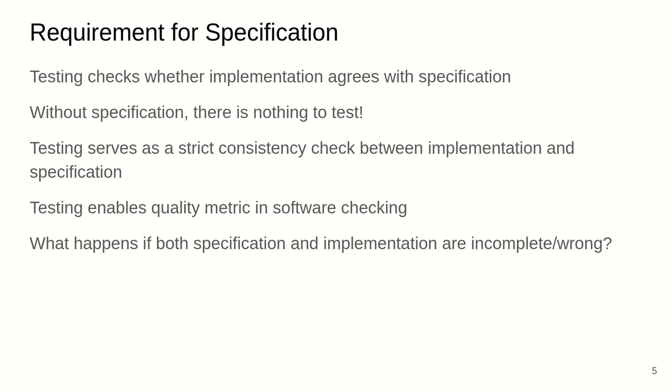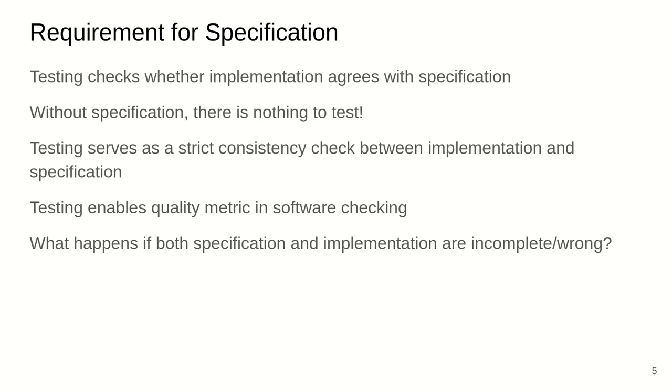The requirements for specification will help the developer to actually find and fix these issues. Testing checks whether the implementation agrees with the specification, as in, it tries to match specification to implementation. And this requires us to actually have a specification, because without specification there is nothing to test, right?